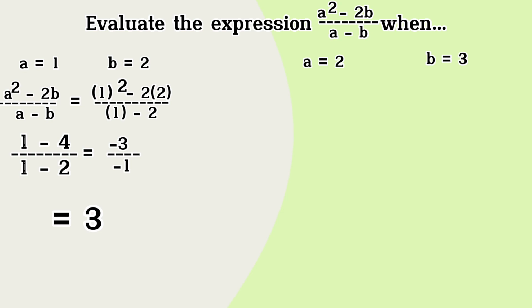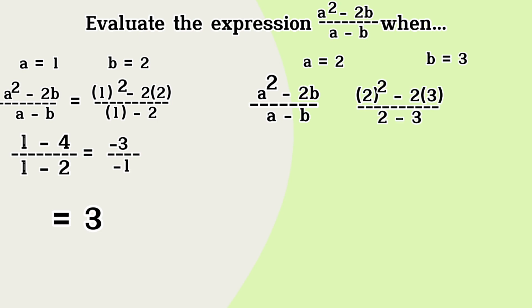Next is when a is 2 and b is 3. So, just like the other side, i-substitute din natin ito. So, ang value of a is 2. We have 2 here for a and 3 for b. So, 2 squared minus 2 times 3 all over 2 minus 3. So, 2 times 2 is equal to 4. Then, 2 times 3 is equal to 6.